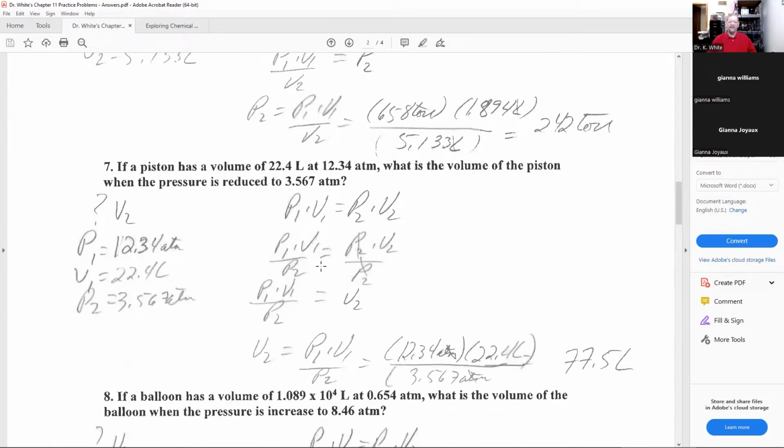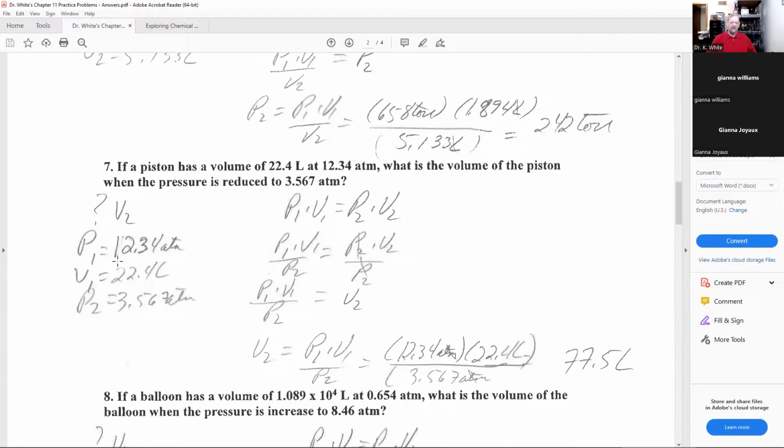Now, in number 7, again, look at what you're given. A volume, that's your initial volume, and a pressure. And pressure can be in either millimeters of mercury, torr, or atmospheres. Volume, I always stick to liter. And here, we're trying to find what is the volume when the pressure is changed, reduced. Well, that's the final volume.